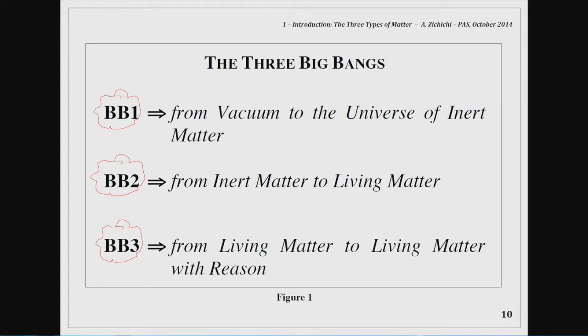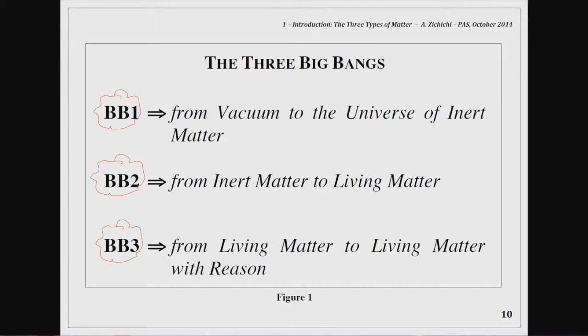Hundreds of people are working on what is called the problem of minimal life, namely how many pieces of inert matter you need in order to build the first piece of living matter. And there I have to report to you the number, which is not agreed among all specialists, which is 10 to the 11.